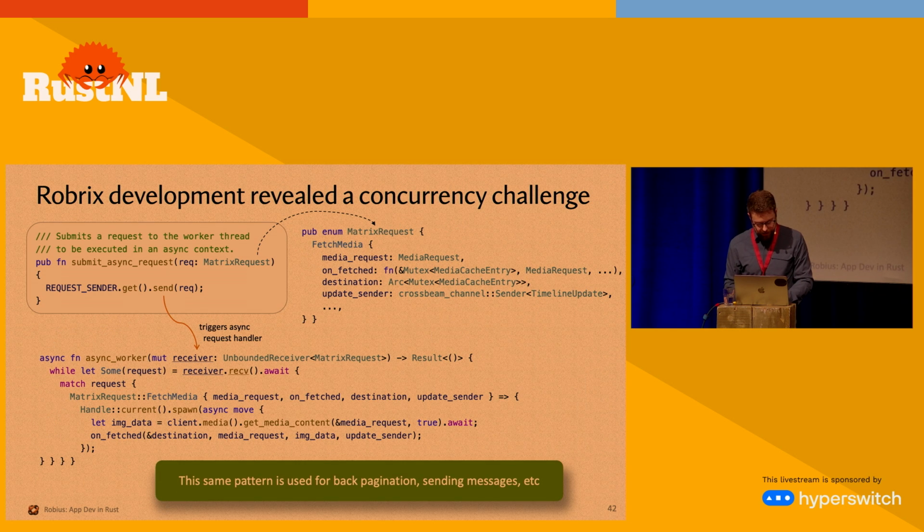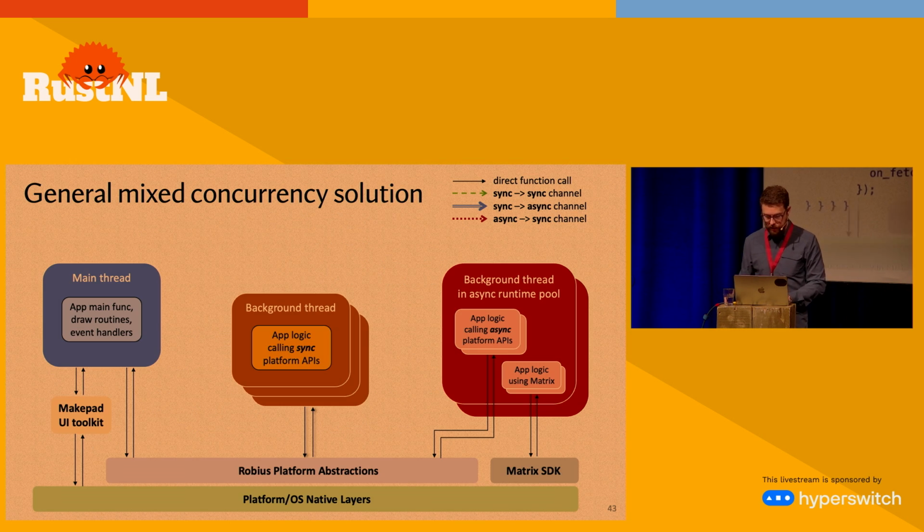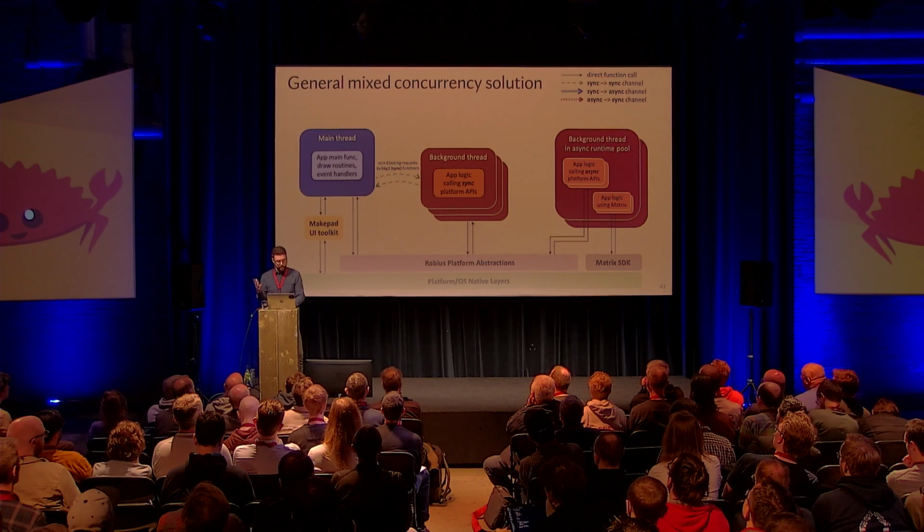We do use this pattern for a lot of different things: sending messages, paginating in the timeline, loading earlier messages. What this generally looks like is quite a complex web of channels, queues, and various forms of inter-thread communication across all these different categories of threads. We have a standard synchronous-to-synchronous channel, like what you'd get in std mpsc, between the main thread, which is a standard thread, and the background thread.